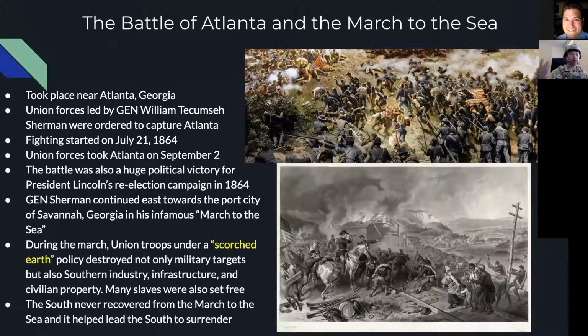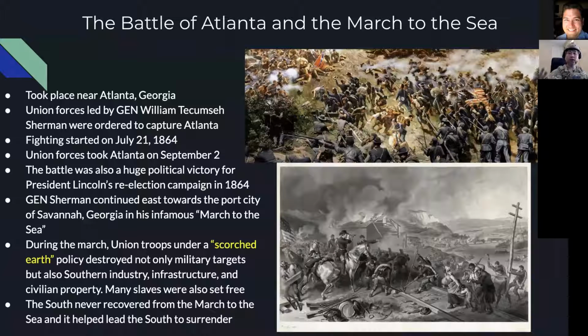So the Battle of Atlanta clearly took place near Atlanta, Georgia. Union forces under the command of General William Tecumseh Sherman were ordered to capture Atlanta. One reason being that Atlanta was a major supply hub. A lot of the Confederate forces shipped their supplies to Atlanta to be divided out to where they were needed.